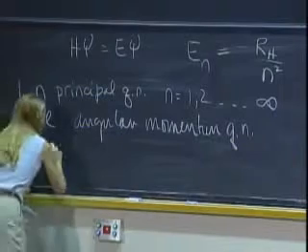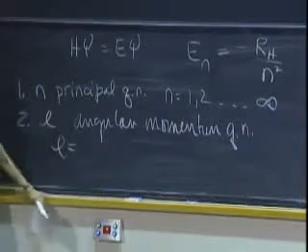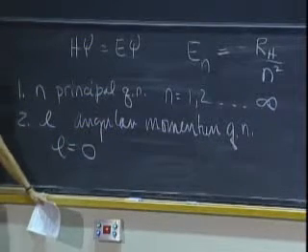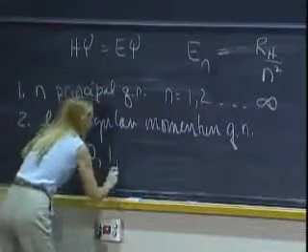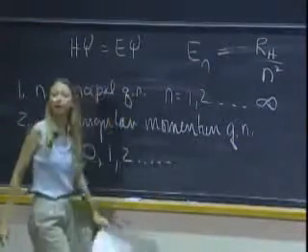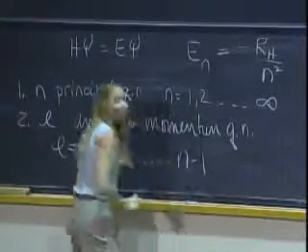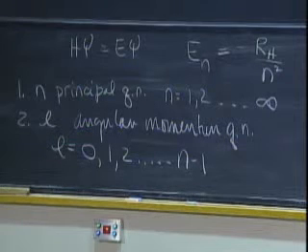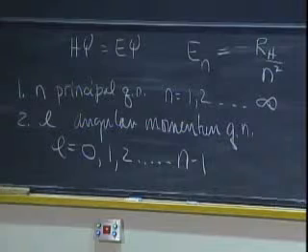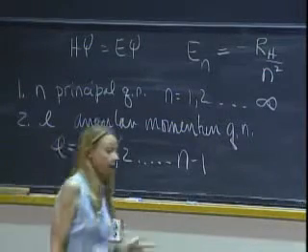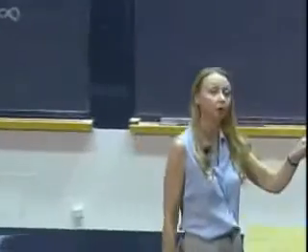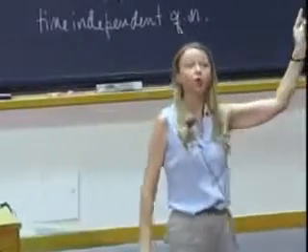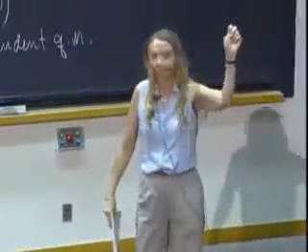Okay? It has allowed values. The allowed values of L now are 0, the smallest value of L allowed, then 1, 2, all the way up to n minus 1. All right, that's the largest value it can have. It can't be any larger than n minus 1. Why can't it be larger than n minus 1? Well, if you want to think classically for a moment, the angular momentum quantum number dictates how much rotational kinetic energy you have.